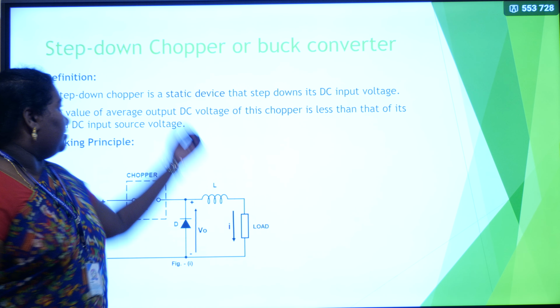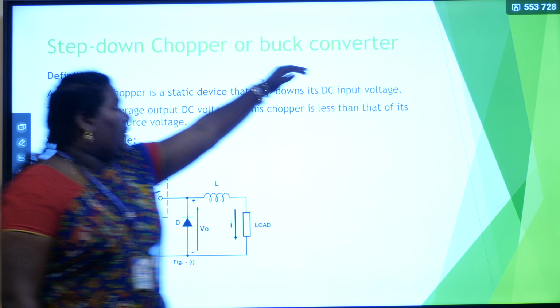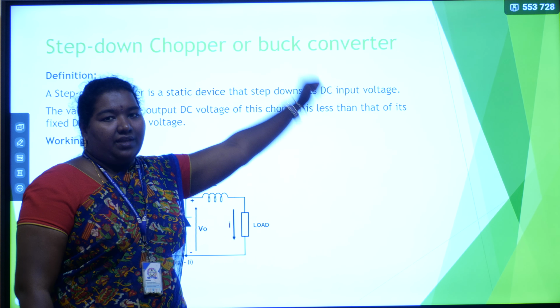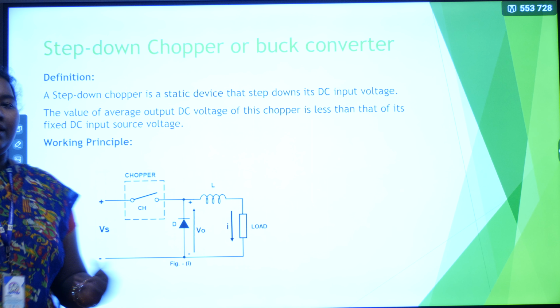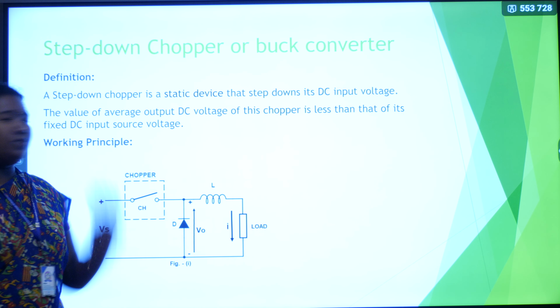But a buck converter definitely consists of a filter at the end of the circuit, while a chopper won't. By definition, in a step down chopper the output voltage is always less than the input voltage. That's why it is termed a step down chopper.